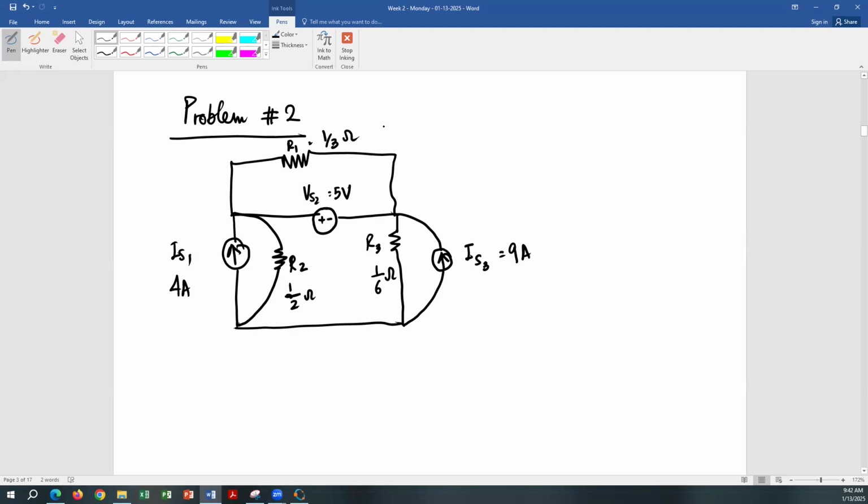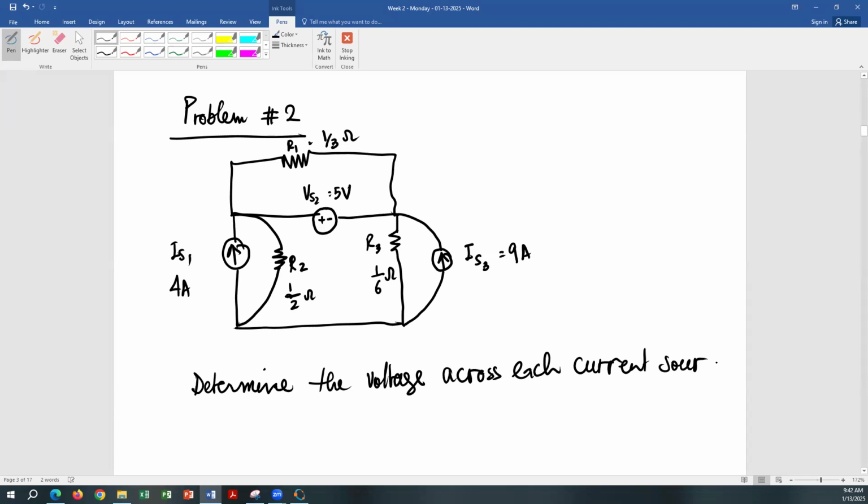Okay. So this is the circuit. And the question is, determine... I'm specifying over here use nodal analysis for a reason.